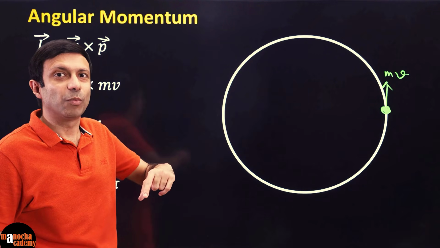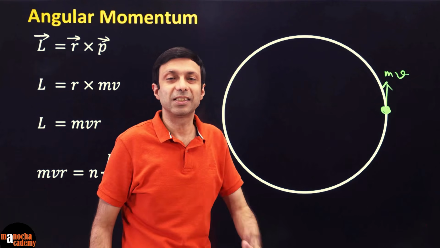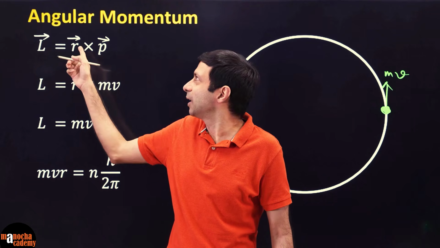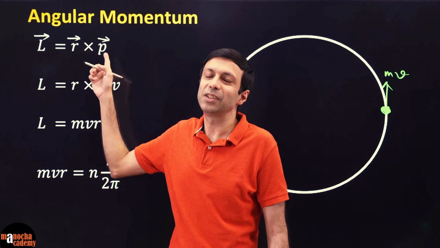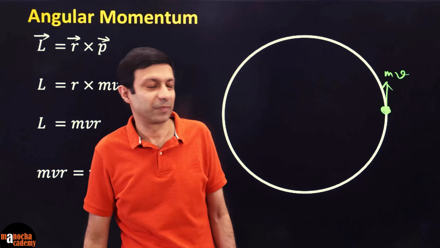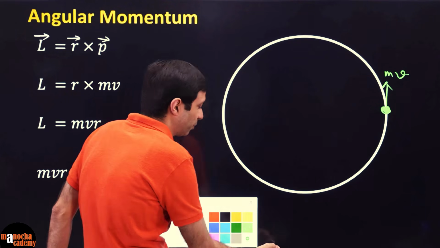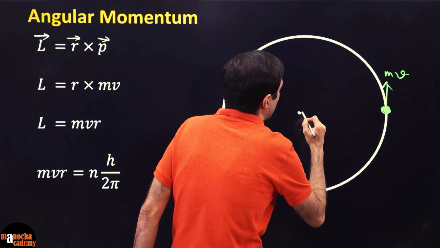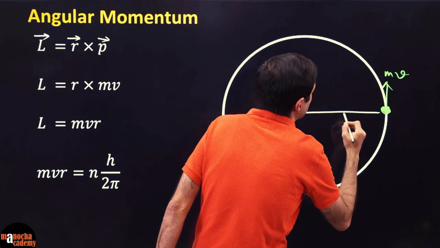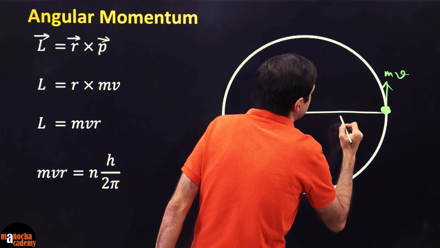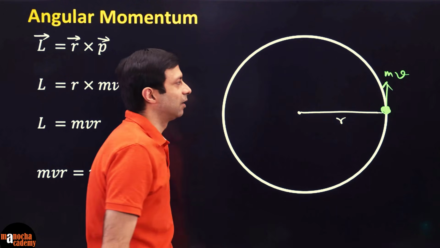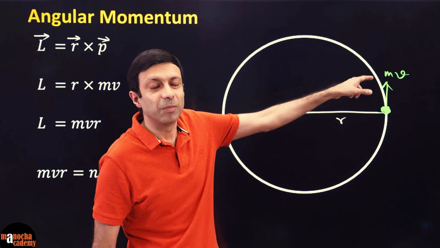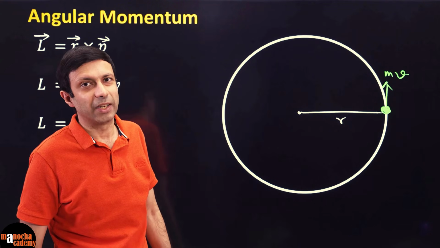And angular momentum means the moment of the momentum, which means you multiply the distance with the momentum p. If we are considering from the center of the circle, we can say the circle has a radius r. This cross product of the radius with the momentum is called the angular momentum of the electron.